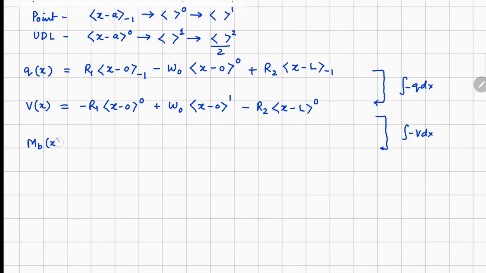For the bending moment, if you continue this integration with a negative sign, this becomes R1 (x minus 0) to the power 1, minus W naught (x minus 0) to the power 2 divided by 2, plus R2 (x minus L) to the power 1.